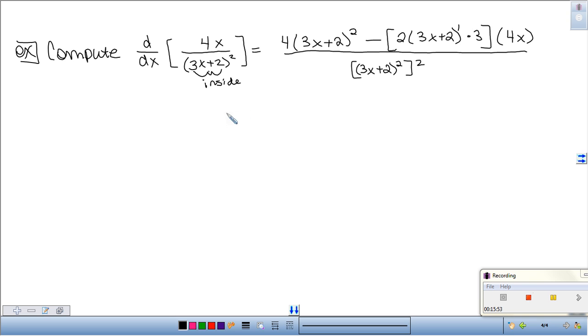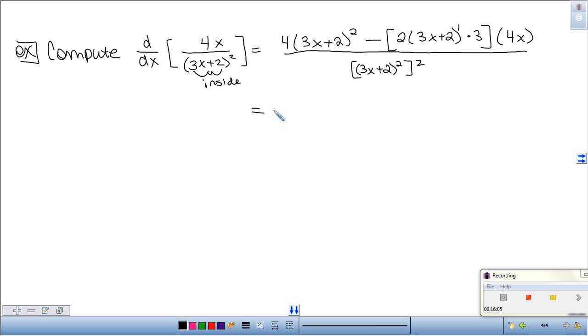Okay, so I'm going to simplify. In the top, let's see what's going on here. Be strategic about this. Don't kill yourself simplifying these. Notice you've got 3x plus 2, 3x plus 2, 3x plus 2. So we want to leave it so we can factor out and cancel some of those.